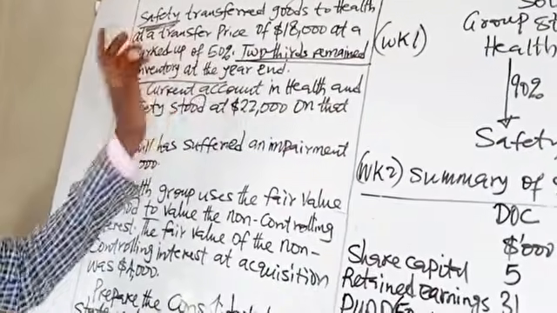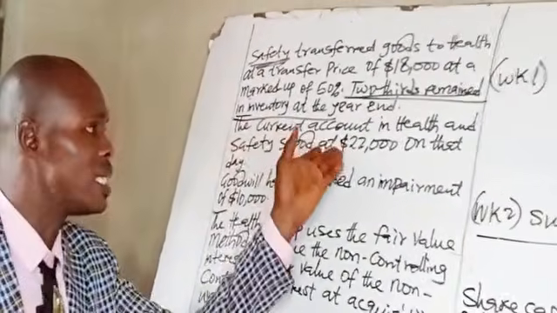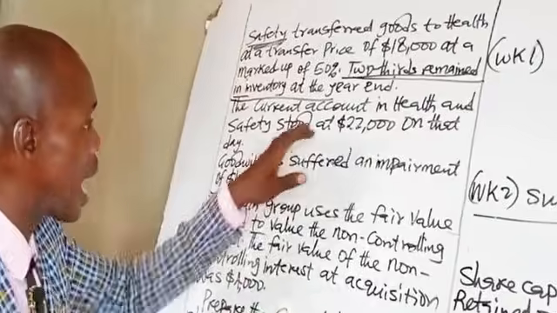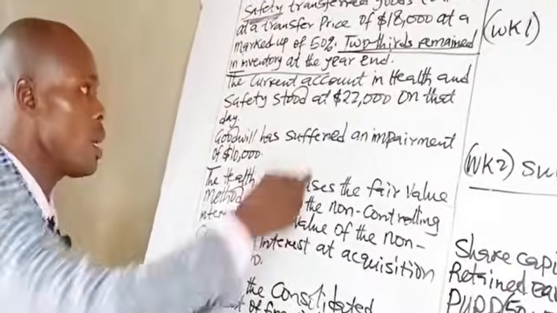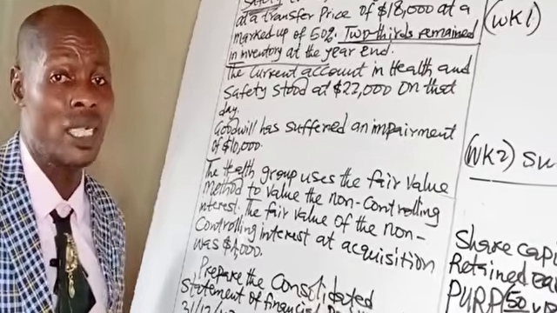I've told you that where the intergroup current account included under assets is different from the amount included as liabilities, the difference might be as a result of an item in transit.